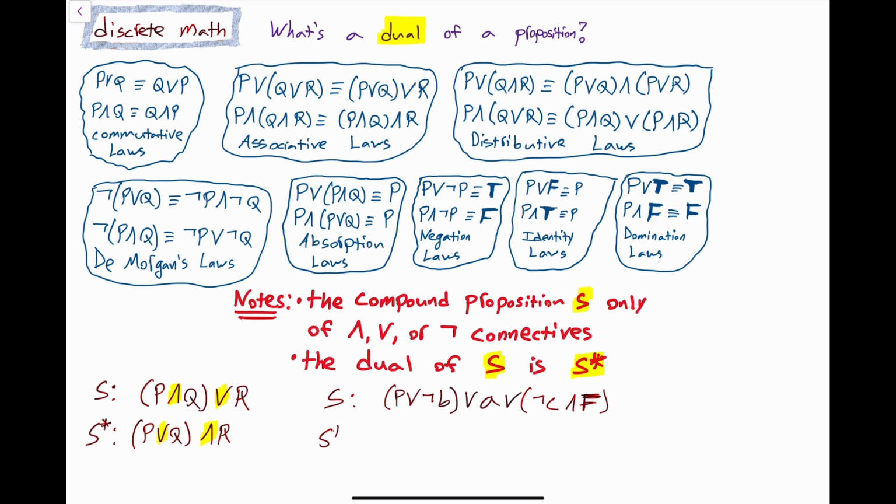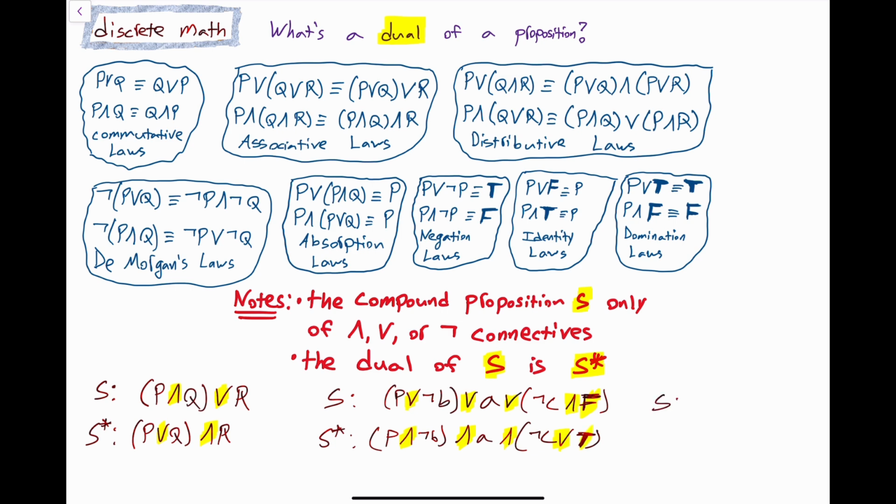So S asterisk would simply be (P and not B) and A and (not C or something that is true). So we move from our disjunction to our conjunction, from our disjunction to our conjunction, from our disjunction to our conjunction, from our conjunction to a disjunction, from something that's necessarily false, a contradiction, to something that's necessarily true, a tautology.